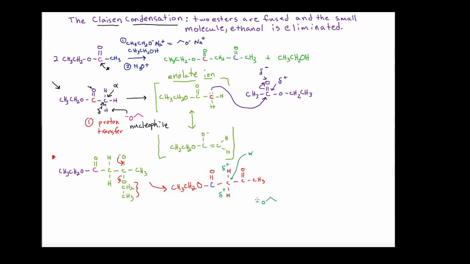The ethoxide anion comes in and takes this hydrogen, and we form an anion on this carbon. Let me go ahead and get that drawn here. There's the electrons.